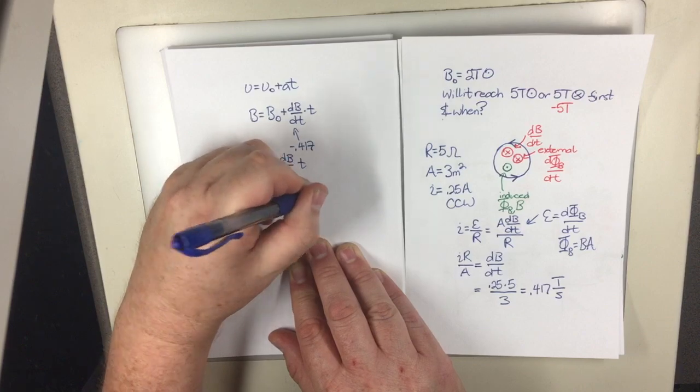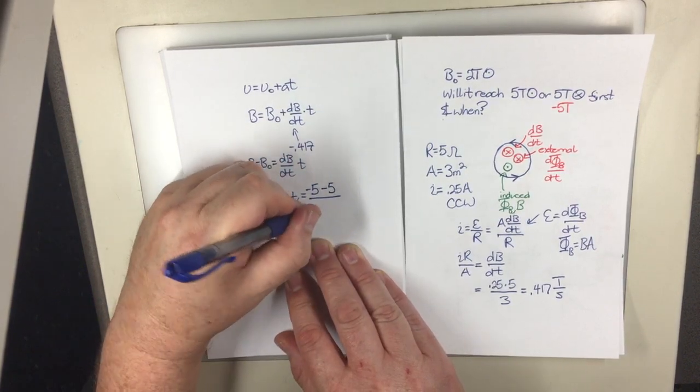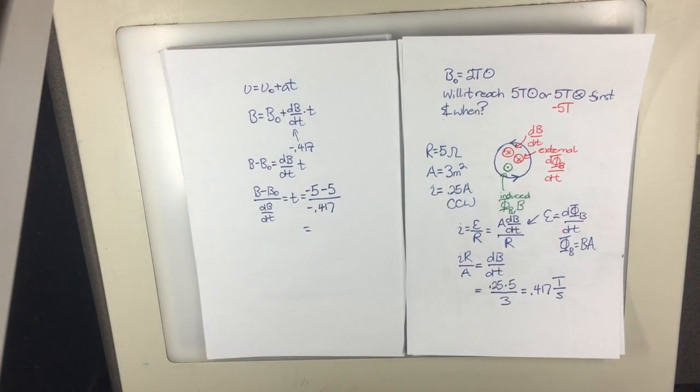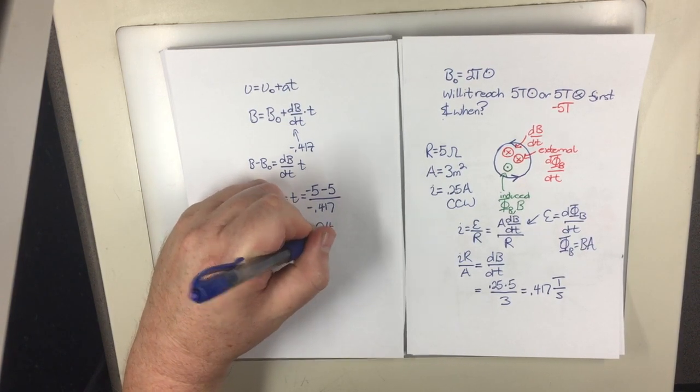My initial B is 2. My dB dt is -0.417. So -7 divided by -0.417, and I get so close that I'm willing to round it off, 24.0 seconds.